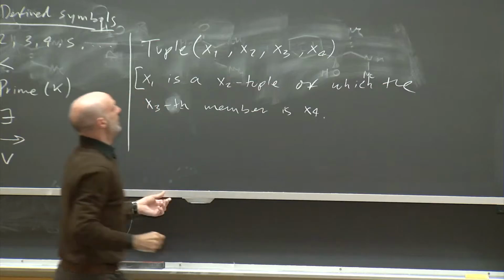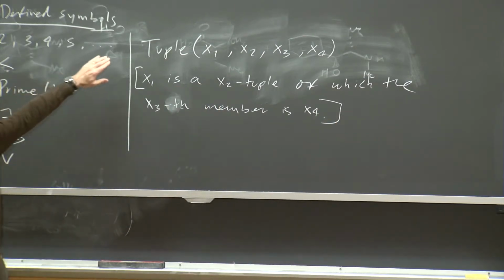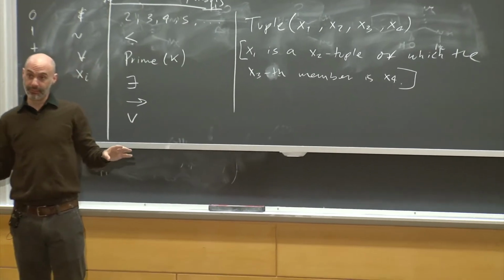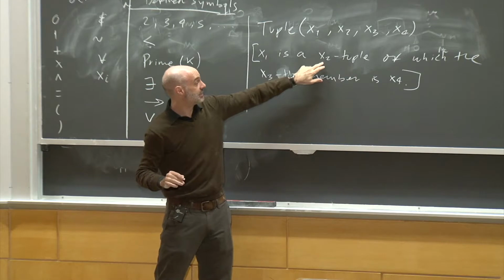Oh, maybe I'll add something to our defined symbols. So maybe tuple. The trick I just described can be used to define a formula tuple, which is true just in case x1 is an x2 tuple.